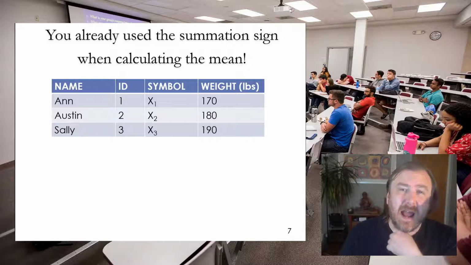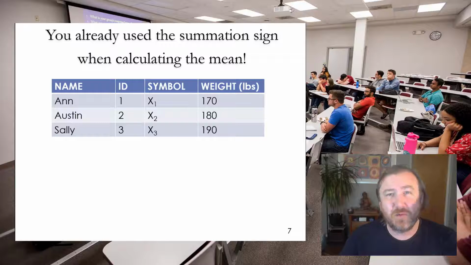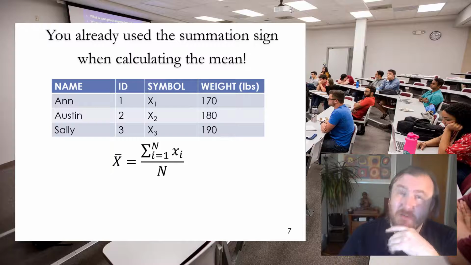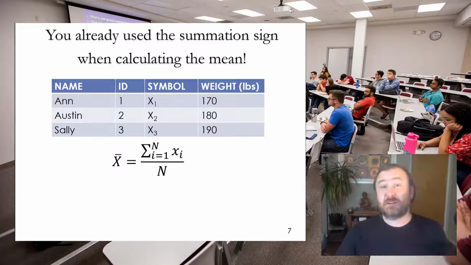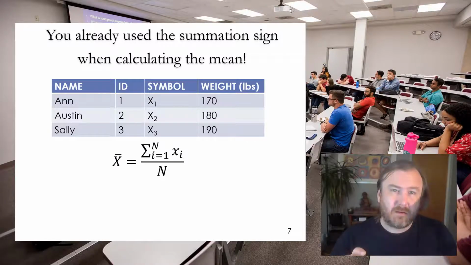Let's look at the data that we had before, because we already did a summation when we computed the average. Look at the formula. x bar, which is the mean, is equal to the sum from the first person to the total number of people on the variable x. And then we divide that sum by the total number of people. So it's actually a very simple computation.